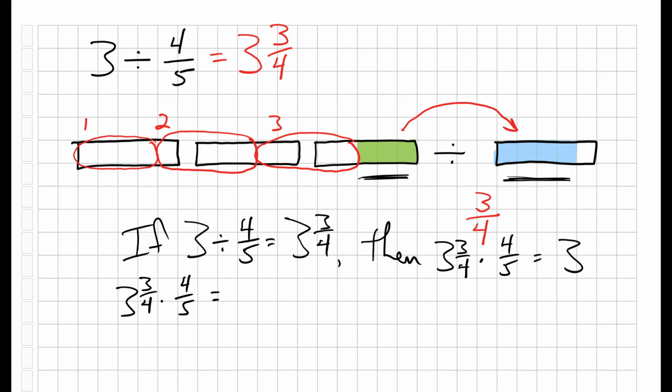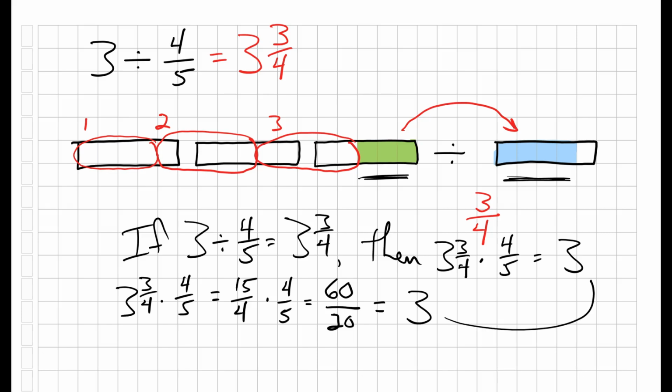I want to rewrite 3 and 3/4 as an improper fraction, so 4 times 3 is 12, plus 3 is 15/4 times 4/5. And let's see, 4 times 15 gives me 60. 4 times 5 is 20, and 60 divided by 20 is 3. So I've done my division correctly.